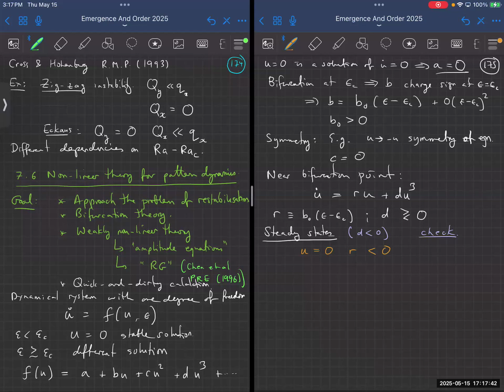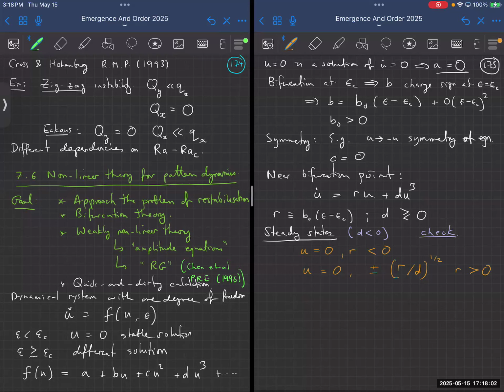I think this is D greater than 0. I'm going to just write it down and then we'll see. Then I can have U is 0 or plus or minus R over D to the 1/2 when R is greater than 0.